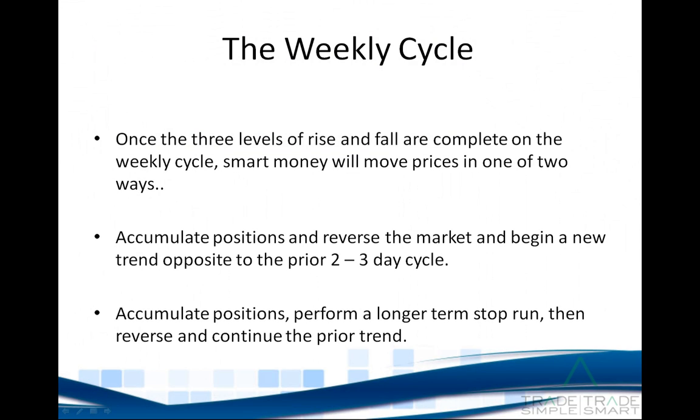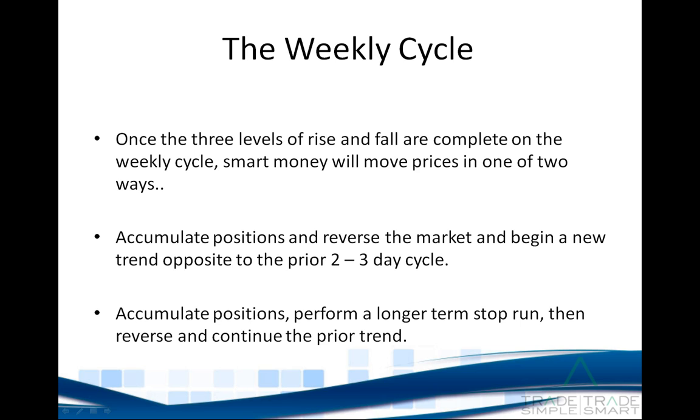Now, the second way in which smart money will move the market after seeing 3 levels of rise or fall during the period of the weekly cycle is that they will accumulate positions and then perform a longer term stop run and then reverse and continue the prior trend.